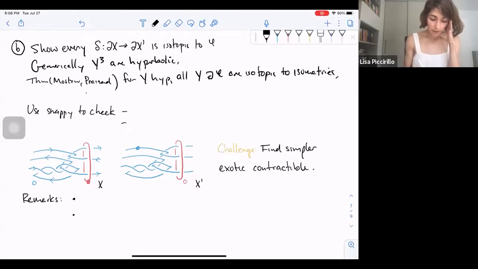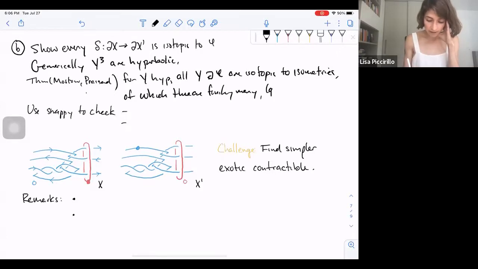And it gets better, there's only finitely many isometries. And it gets better, generically, there should only be one.